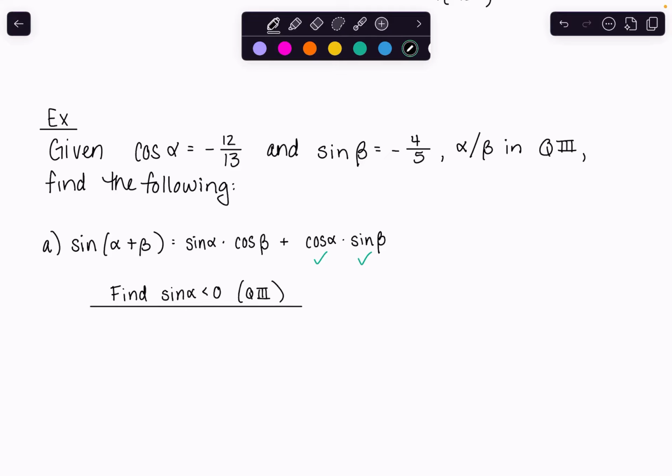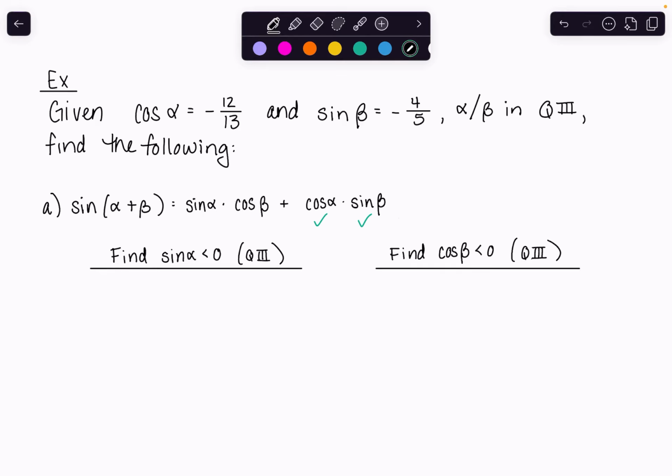And then likewise, when I go to find cosine of beta, that is in quadrant 3, and all of our trig functions except tangent are negative. I'll do this one both ways. I'll show you using the Pythagorean identity and then also doing a triangle.